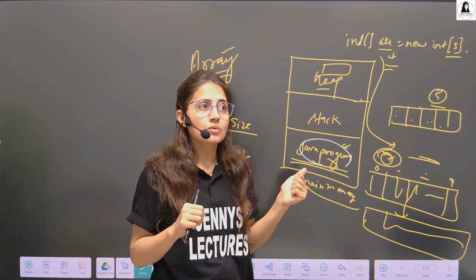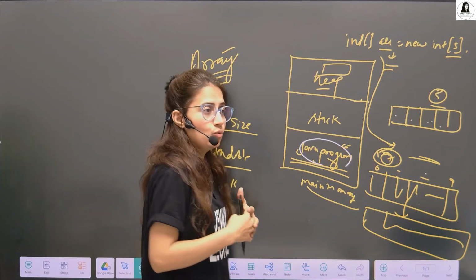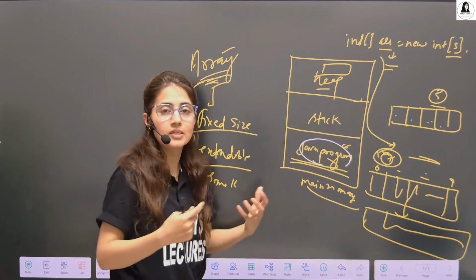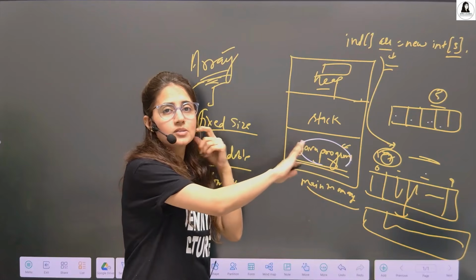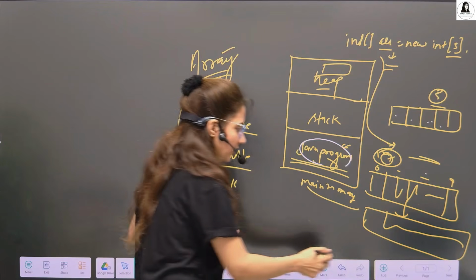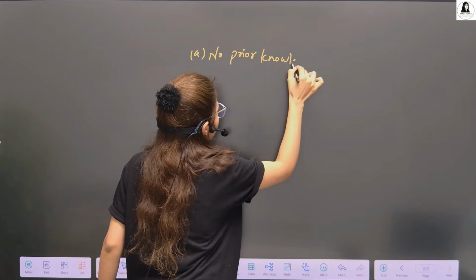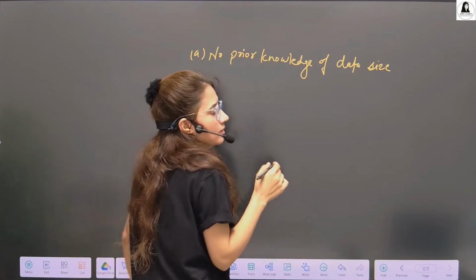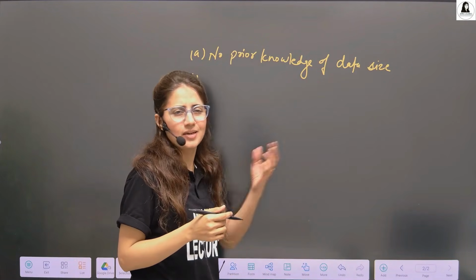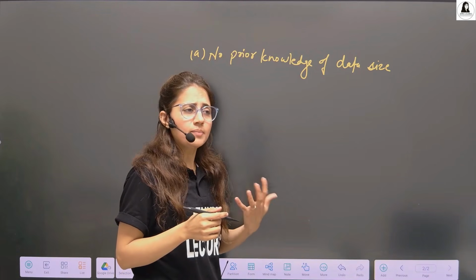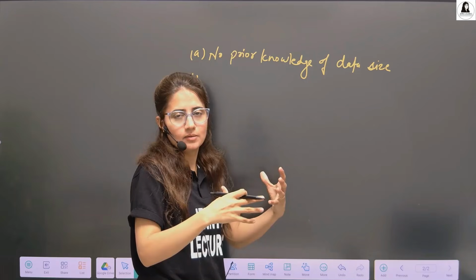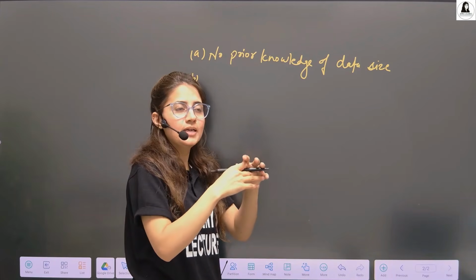Now, according to a requirement. I've told you maybe one requirement is that sometimes we don't know in advance the size of the data. Second, sometimes we need our data structure, array is a data structure, to extend and automatically shrink.